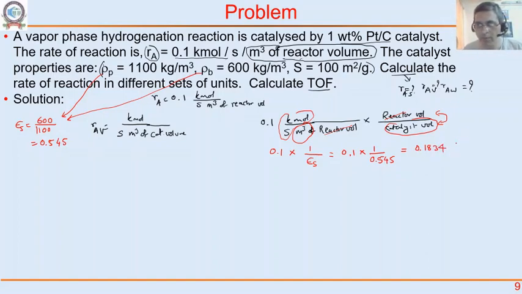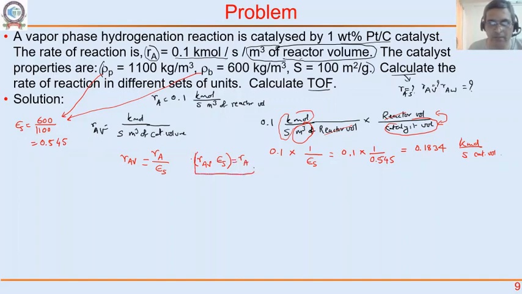Do you realize what we have done? This 0.1834 is kilomoles per second per catalyst volume, right? So how have we got that? RA, we have divided by epsilon S, that has given us RAV. Or RAV multiplied by epsilon S would be our RA.